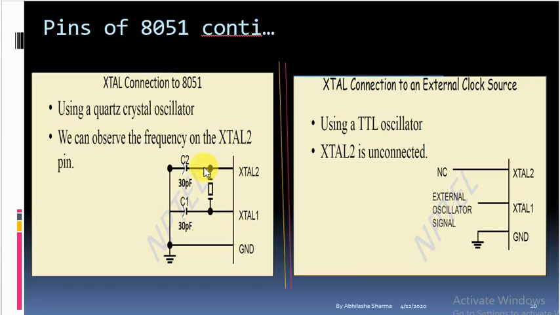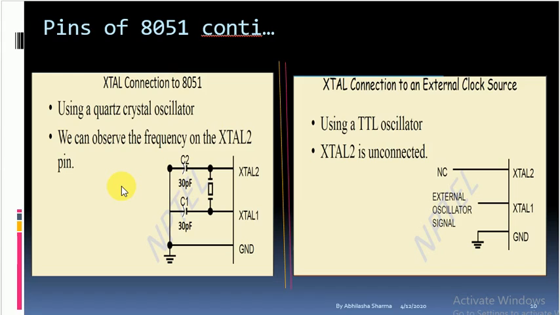These oscillator pins are connected with the help of two capacitors having a value of 30 picofarad, and after this they are connected to the ground. Taking the output from XTAL2 gives the operating frequency for this 8051 microcontroller.